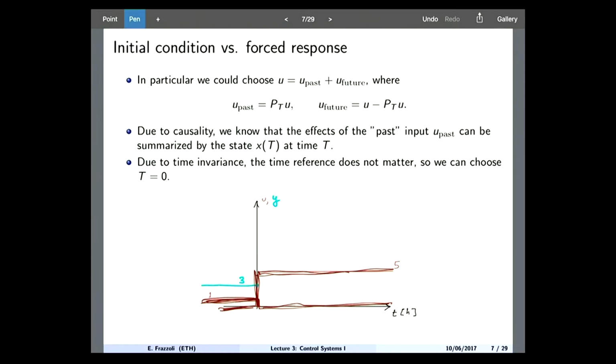Now, something else that we know, because the physical system is causal, is that we can summarize the effect of everything that I did in the past just through the knowledge of the state of the system in the present, right? So as I walk into the door and I feel that the temperature is 3 degrees, do I really need to know whether the heater setting has been 1 for the entire history?